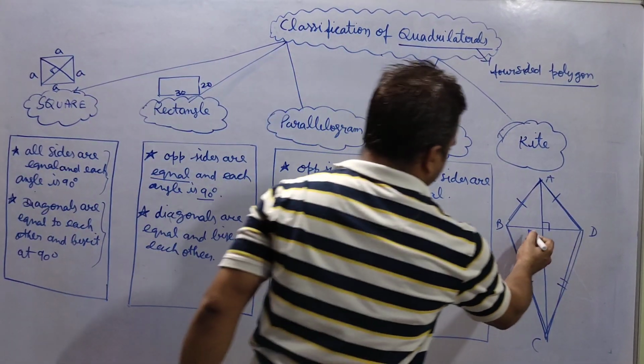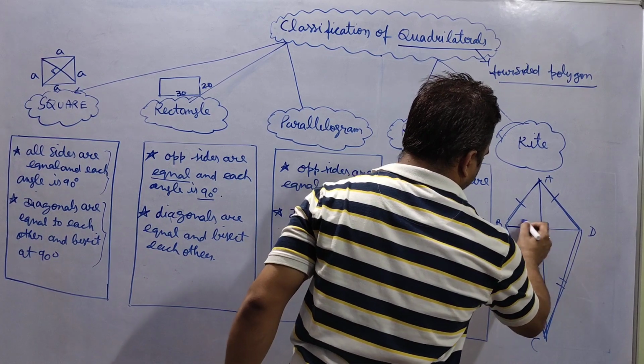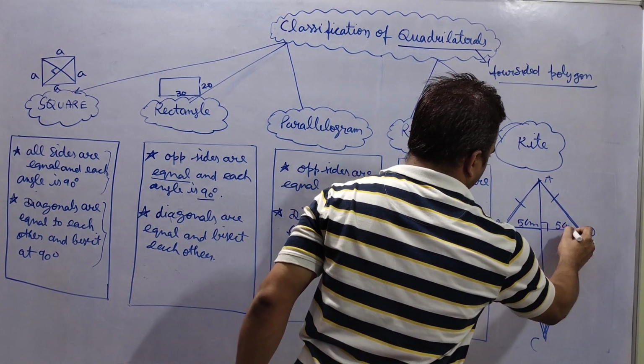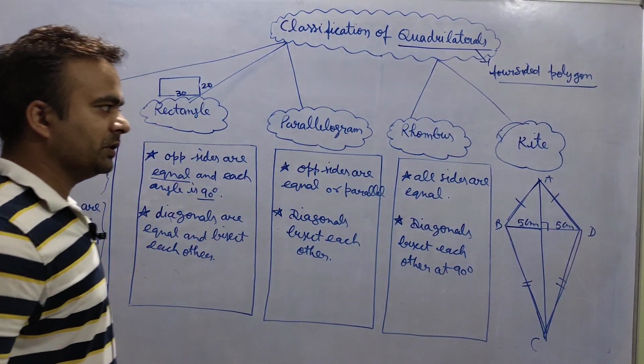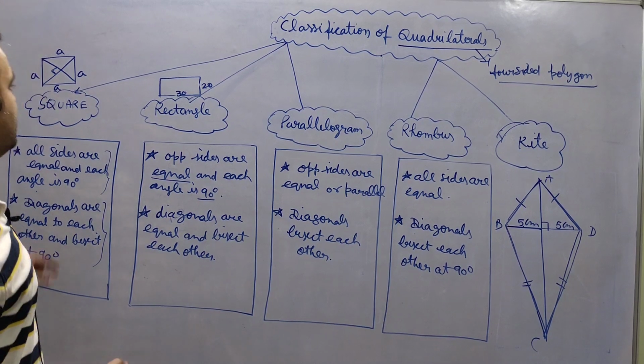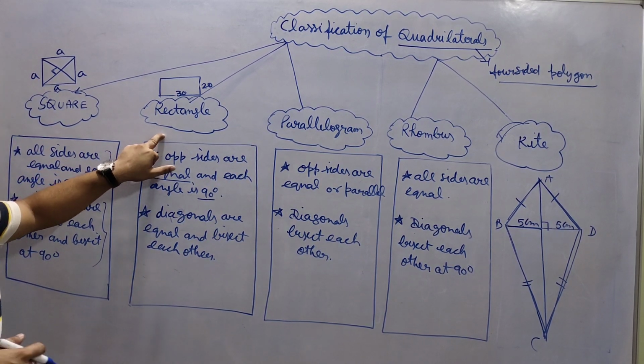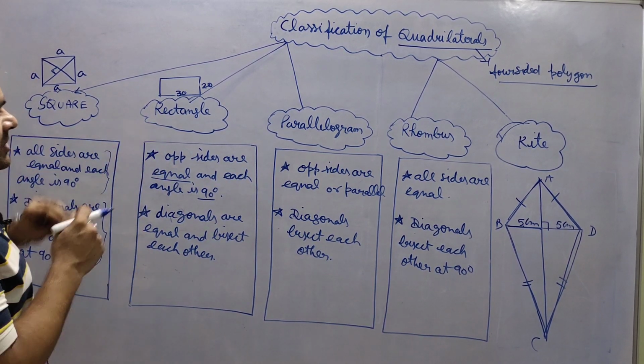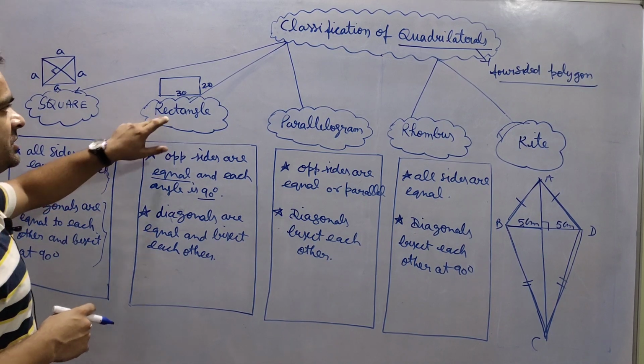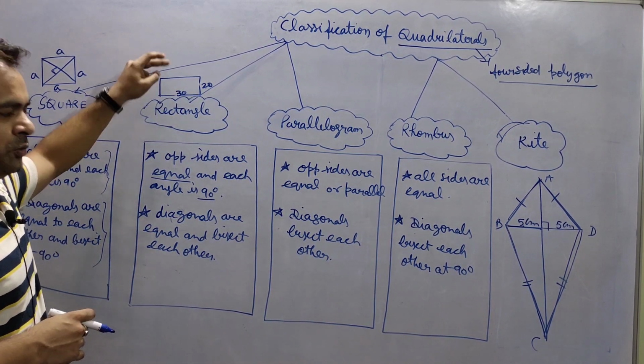So if this particular part is 5 centimeter, then this part is also 5 centimeter. Now a square is satisfying all the properties of a kite. But a rectangle is not satisfying, because I want adjacent sides equal, but a rectangle has opposite sides equal.